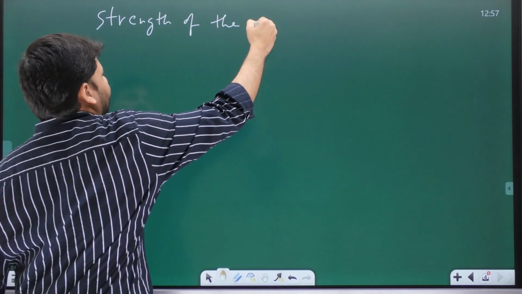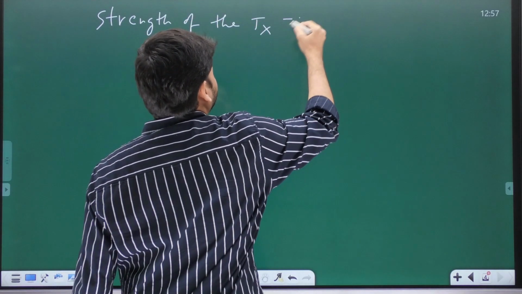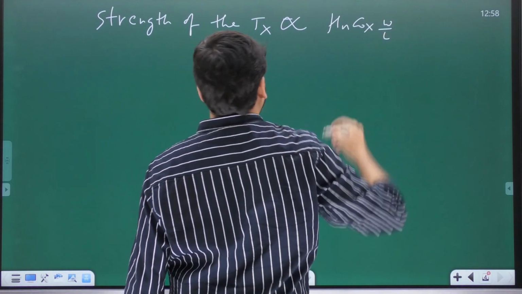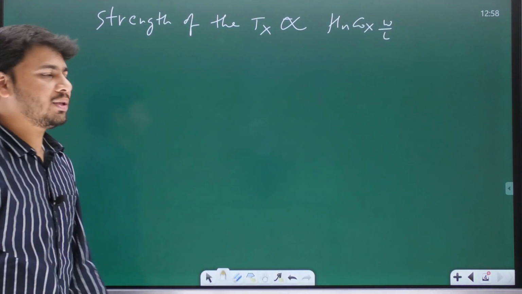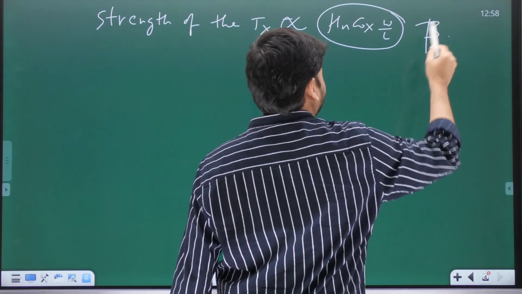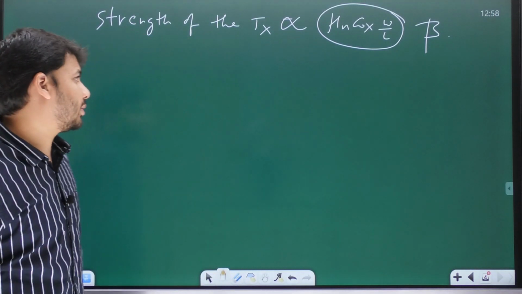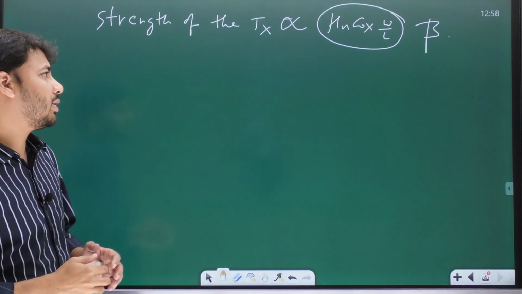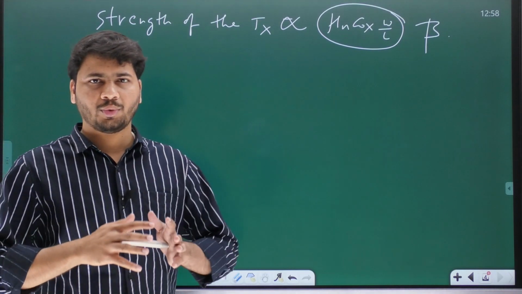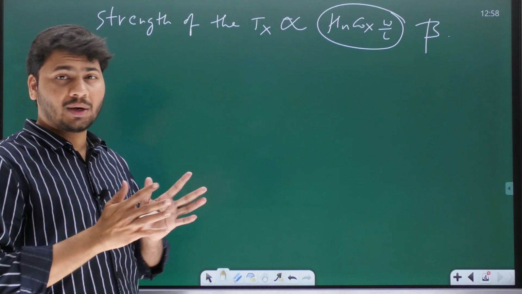So strength of the transistor is directly proportional to mu n Cox W by L. And this mu n Cox W by L is also referred to as Beta. Just some notation. So strength of the transistor, that is the current driving capability, is directly proportional to mu n Cox W by L if it is NMOS.